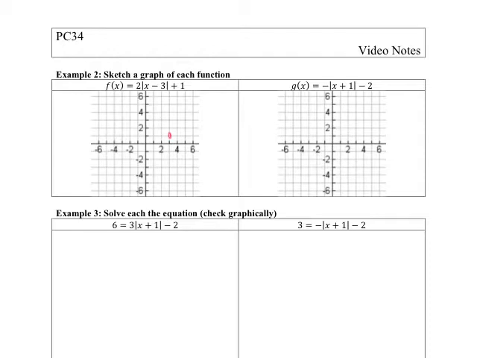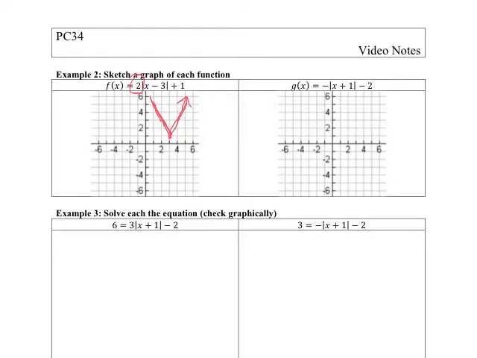And then the general function is going to just be out 1, up 1, but I notice it has a vertical stretch of 2, so I'm going to go out 1, up 2, out 1, up 2. So we have an absolute value function that looks something like this.